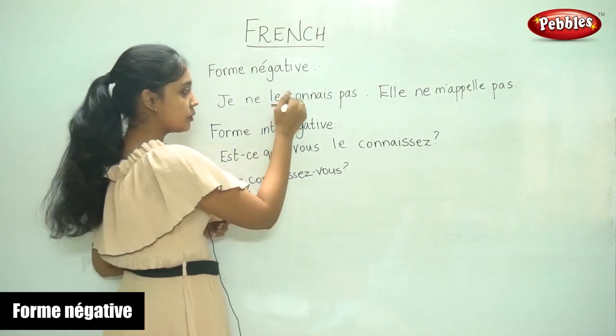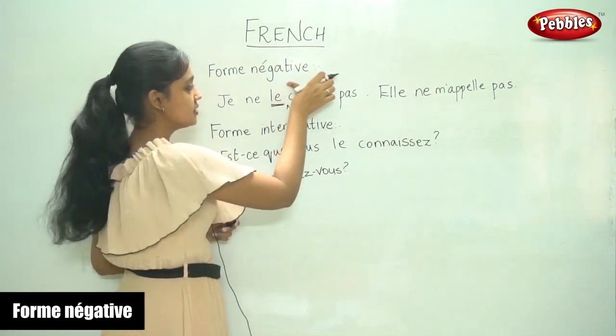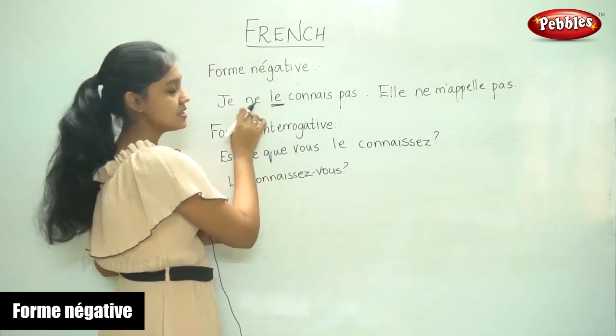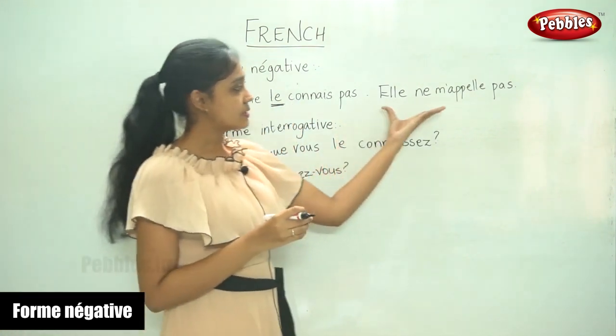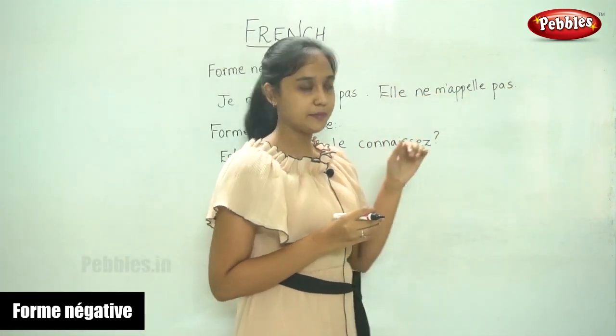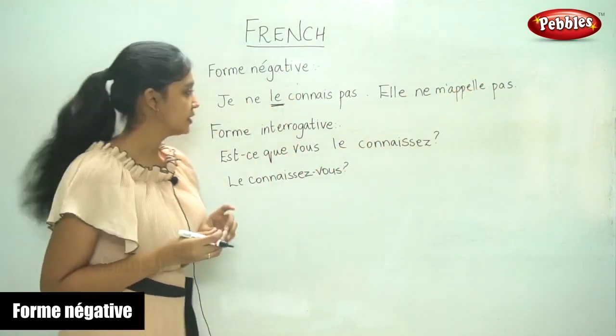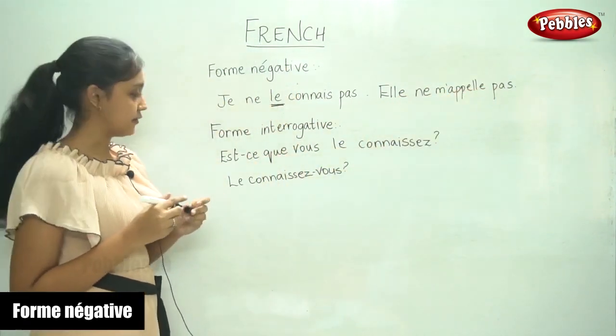So normally we would add ne here, but in this case ne is here. Similarly, the next sentence, elle ne m'appelle pas. So ne m'appelle pas. That is how we write the negative form.